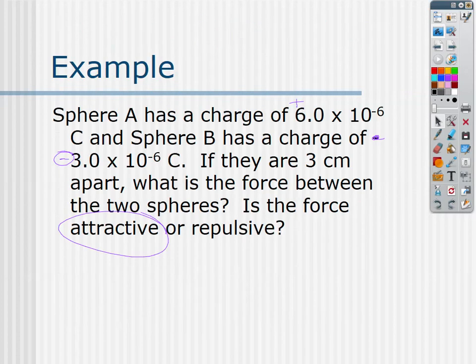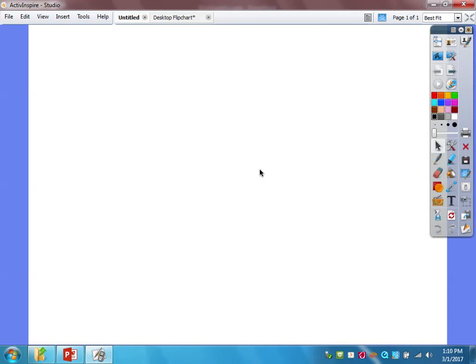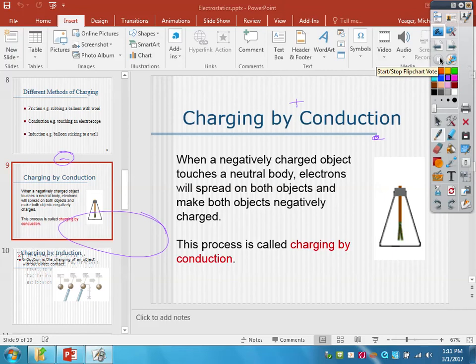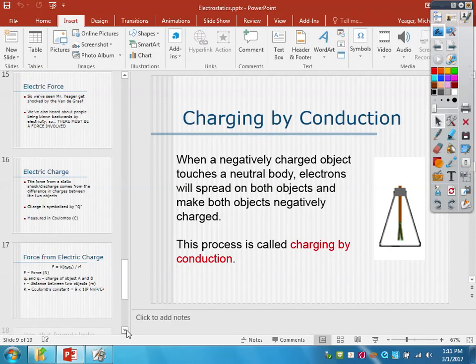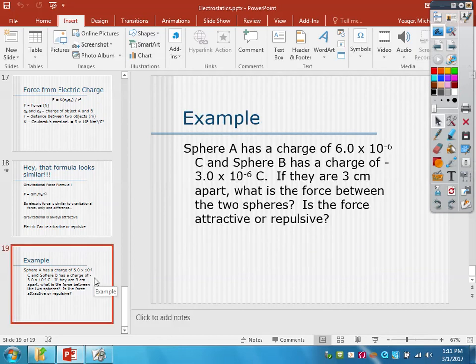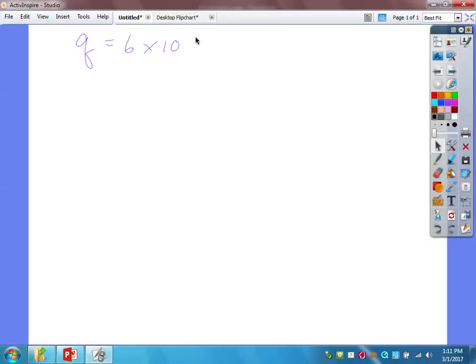We had one charge that was 6 times 10 to the negative 6. Be prepared for scientific notation on these. 6 times 10 to the negative 6 coulombs. That's one charge.